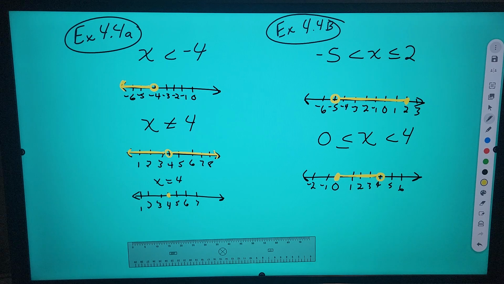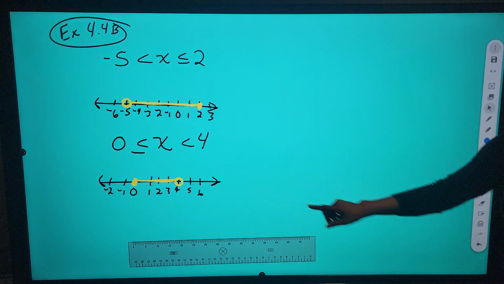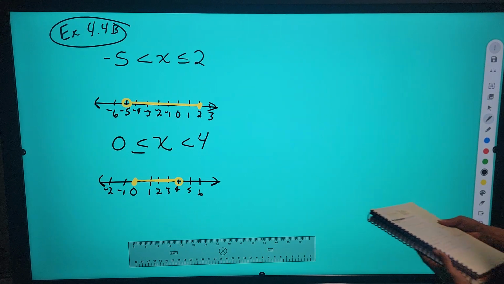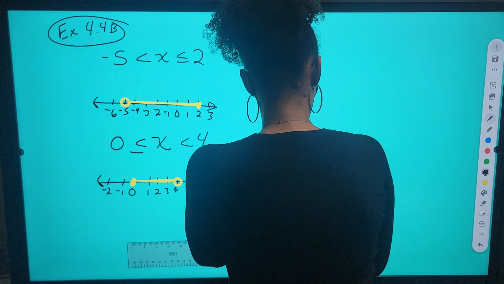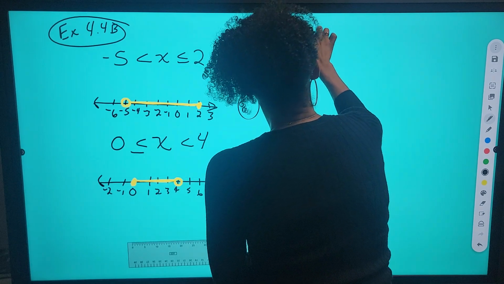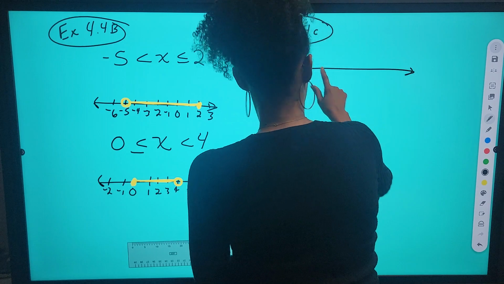And the last thing they'll do, they may give you the graph and then ask you to create the compound inequality. So I'll do one of those, and that should do it for our notes. And example 4.4c. And we're starting off with the graph.